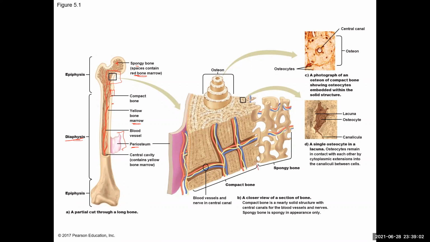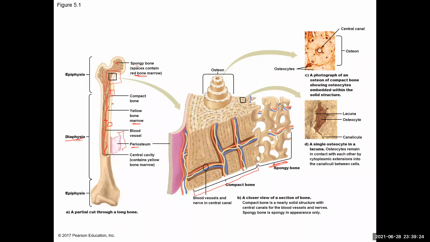Okay, so this area here is the compact bone, which is just this hard structure here. And then as you move inward, you get into the spongy bone, which is up top. And then on the inside, you would get into the yellow bone marrow, or that bone space inside that shaft.